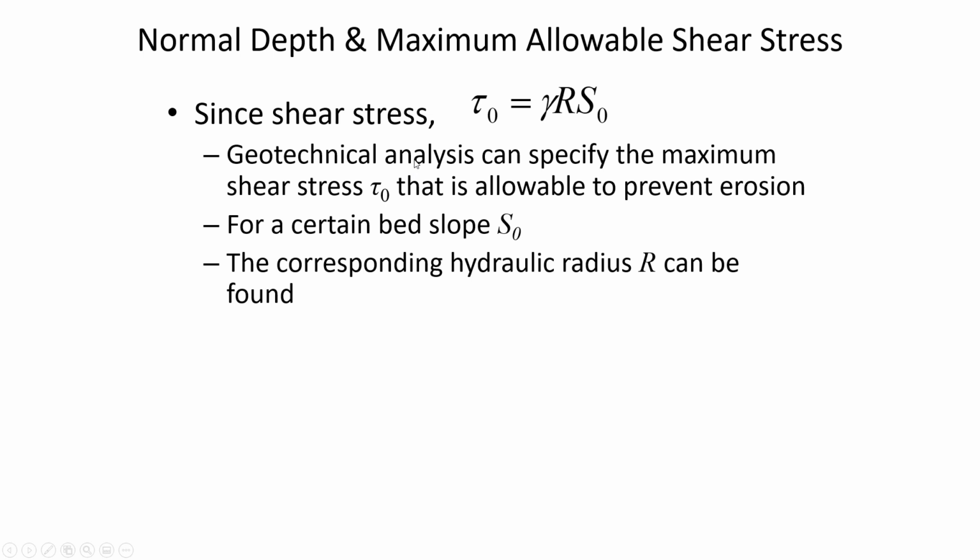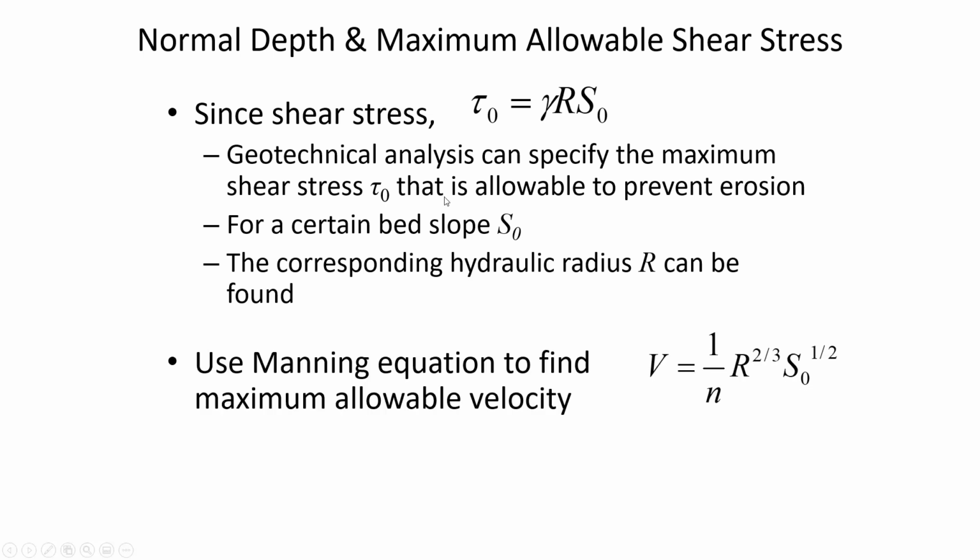There are tests where they're pressing on the soil with a certain force, and they know the area of the column of soil that the shear force is being applied to, and then they can detect when the soil begins to move. So Manning's equation can be used to find the maximum velocity that should be allowable.